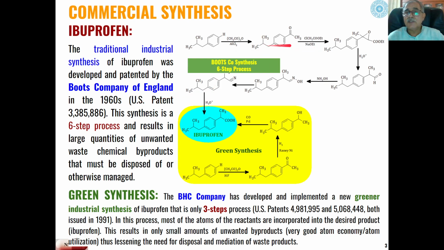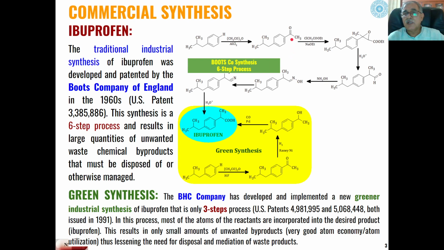The synthesis of ibuprofen through this process is a six-step process which starts with secondary butyl benzene reacted with acetic anhydride in the presence of anhydrous aluminum chloride. Basically, Friedel-Crafts acylation takes place at the para position, and we get 4-acylated butyl benzene as the product.